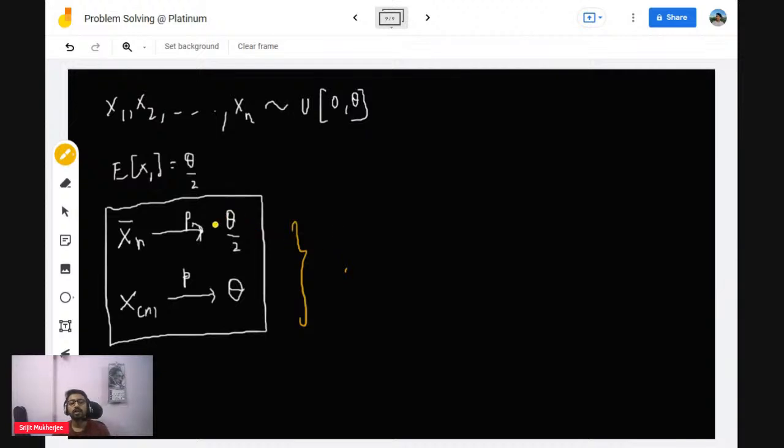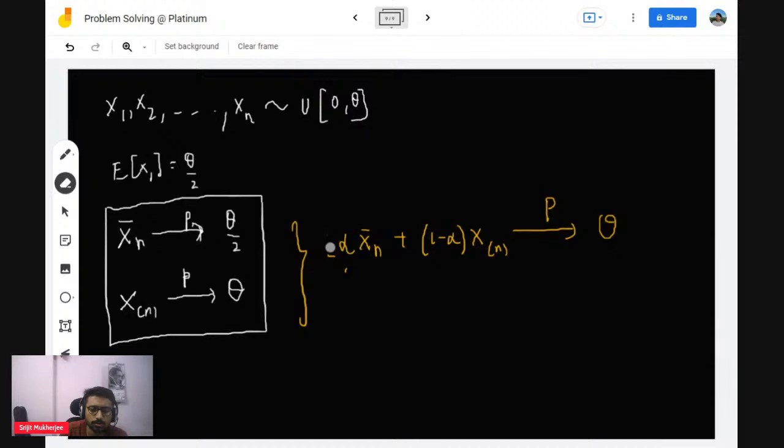For any alpha, 2 alpha Xn bar plus (1 minus alpha) times the maximum always converges in probability to theta. I think I'm making a mistake somewhere.